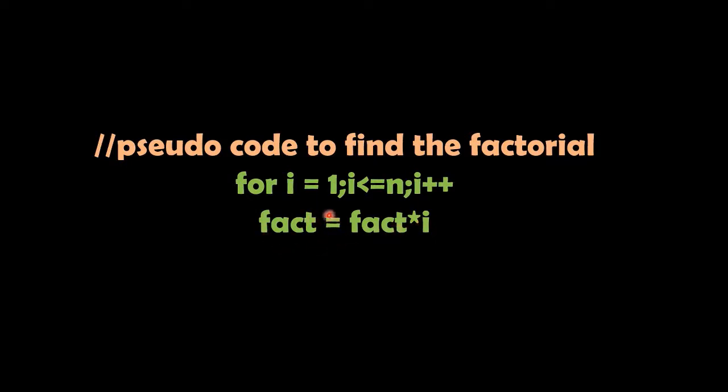Suppose the initial value of i is 1, then fact will be 1. Then i increments to 2, then the value of fact will be 2, and so on, up to n. At last, if you print the value of fact, you will get the factorial of n. So this is the pseudocode.